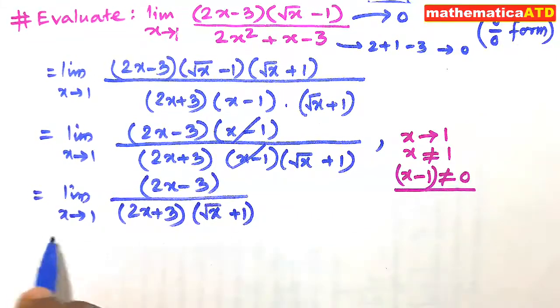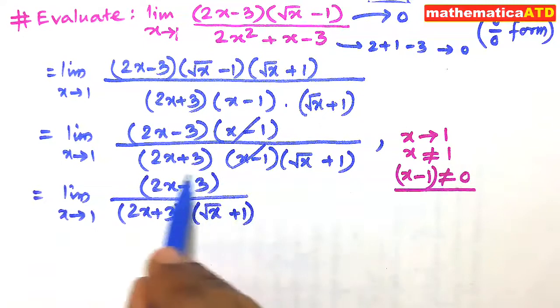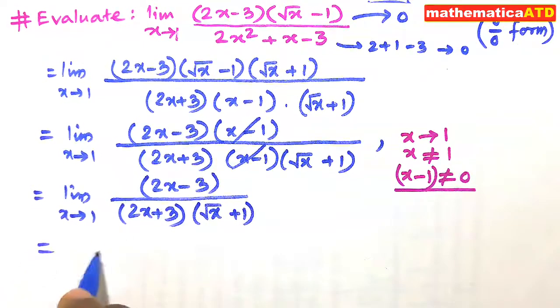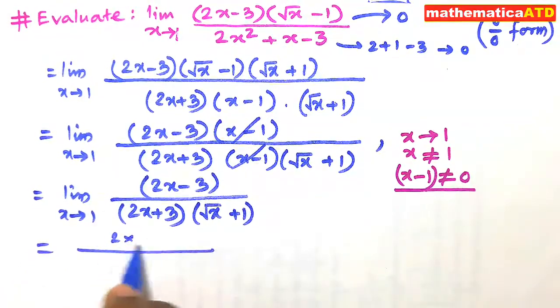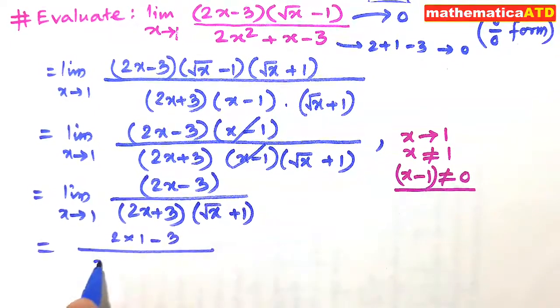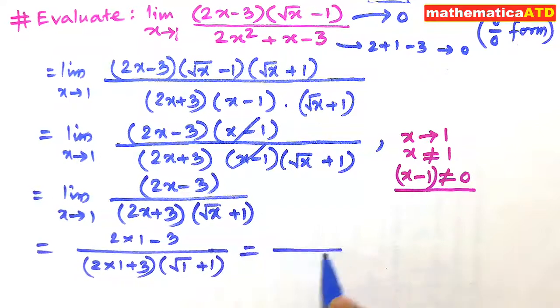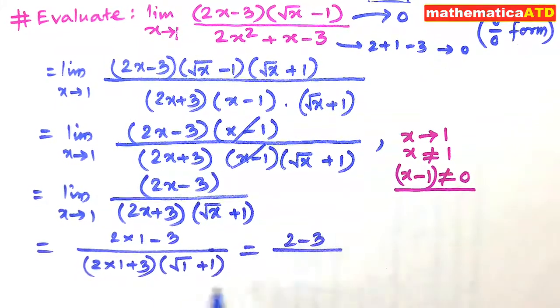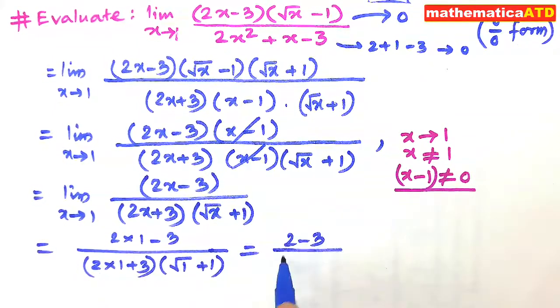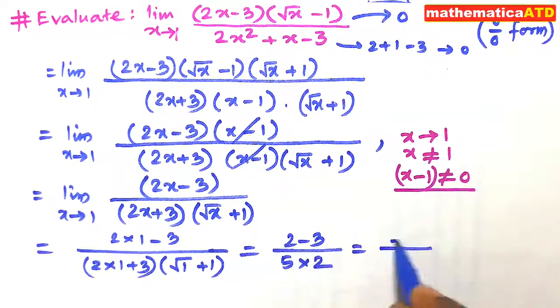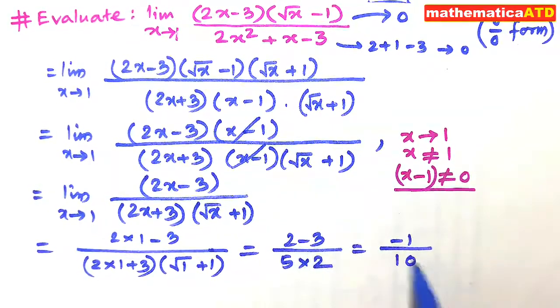That means when x tends to 1, the function gives you 2 times 1 minus 3 divided by (2 times 1 plus 3) whole into (root 1 plus 1), isn't it? So this is equal to 2 minus 3 divided by 2 plus 3, that is 5, into root 1 means 1, 1 plus 1 is equal to 2.